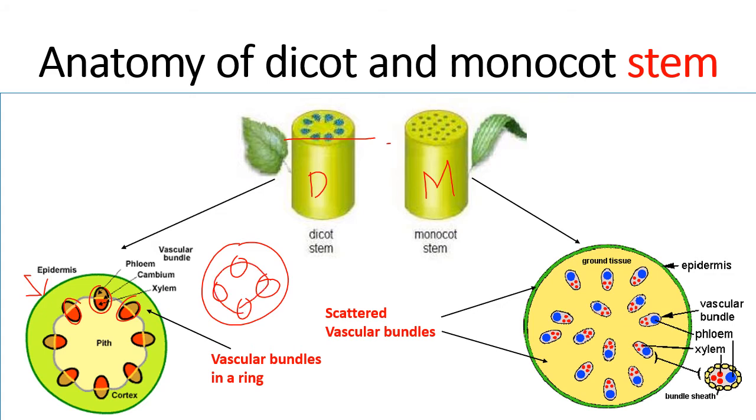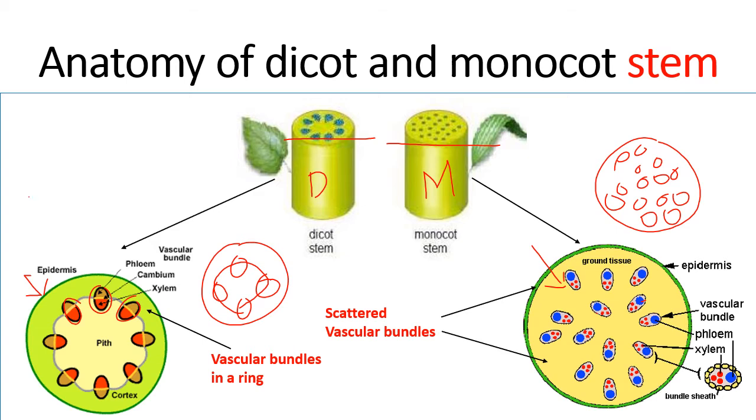Similarly, if you cut the monocot stem in a section, you will see the vascular bundles scattered anyway. There is no particular pattern of arrangement of vascular bundles. They are scattered throughout the stem. So this is the difference in dicot and monocot stem. This is dicot and this is monocot.